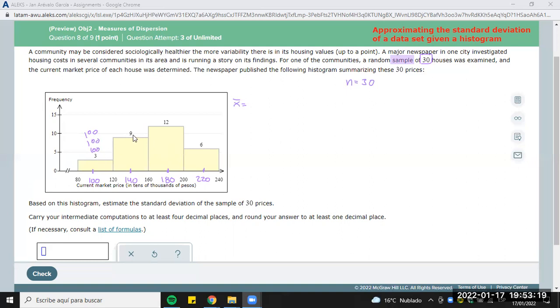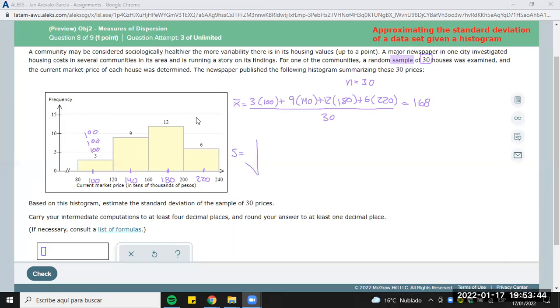All right, so in here we have 9 and so on. So we're going to calculate this, that is called the weighted mean. Remember, weighted mean equals, using the calculator, 168 tens of thousands of pesos.